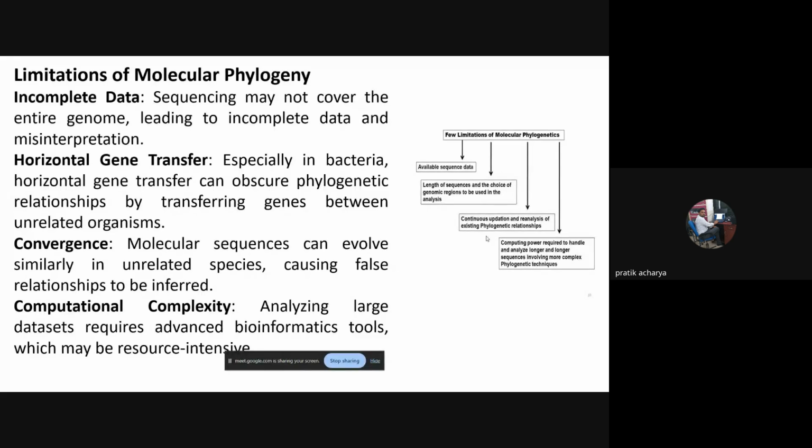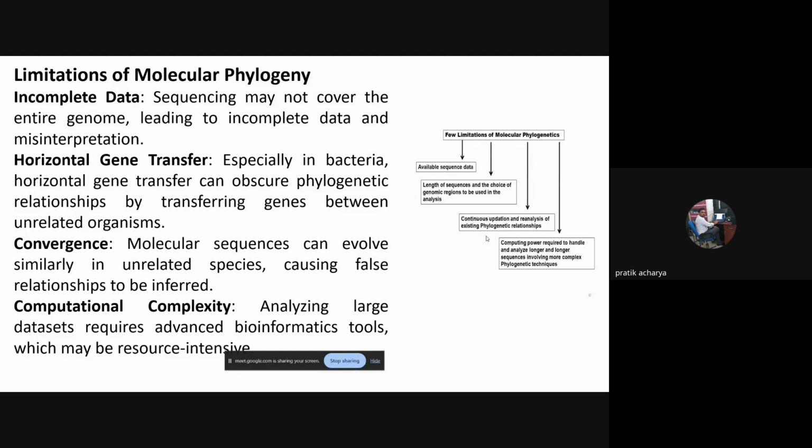Incomplete data. Sequencing may not cover the entire genome. That means, just take one example: when we are sampling, it doesn't mean that we can sample all the species present in that area.